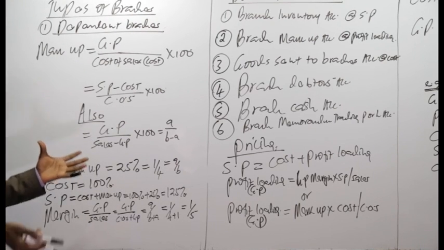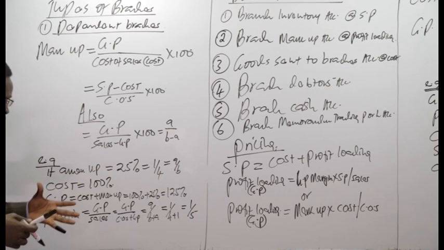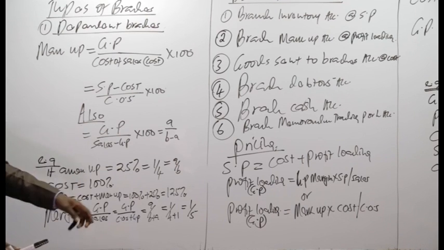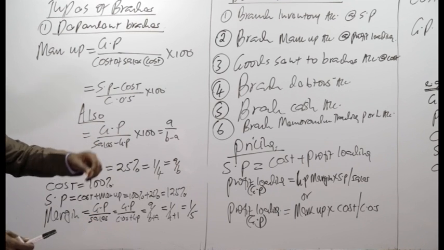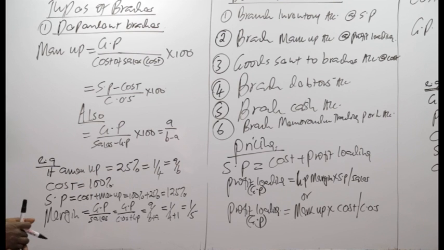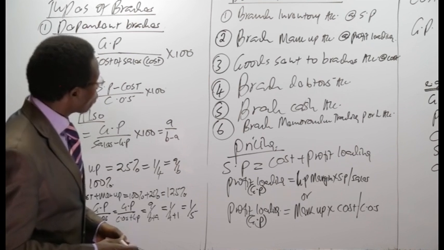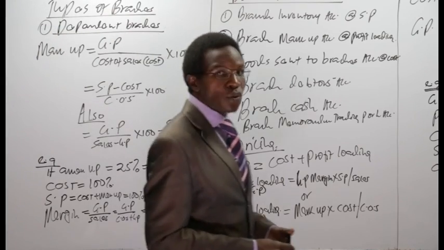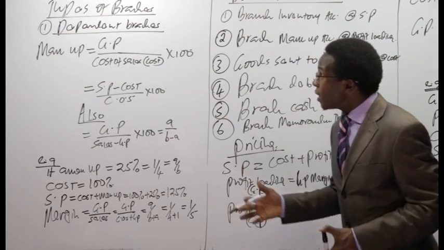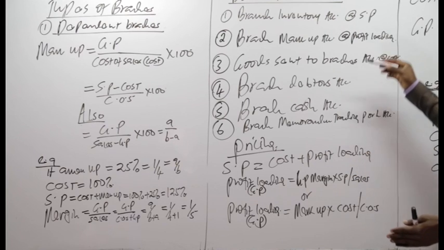So you have seen how we can move from the markup to the margin, or from the margin to the markup. That's very important, so you can easily use this information to get what you are required to. That comes to the end of the introduction of these prices.